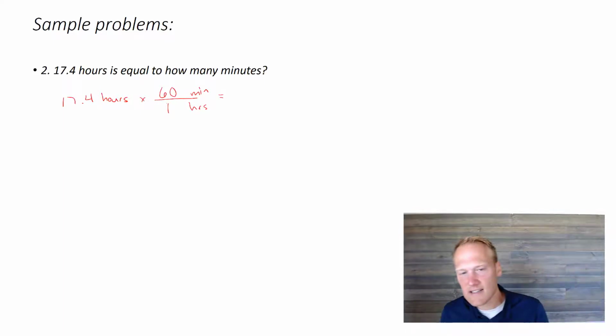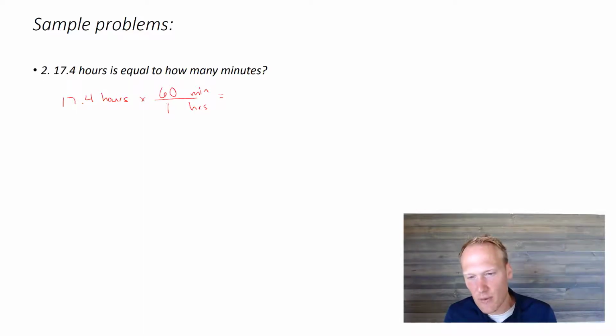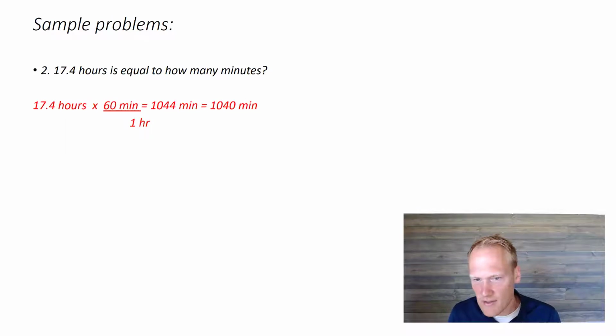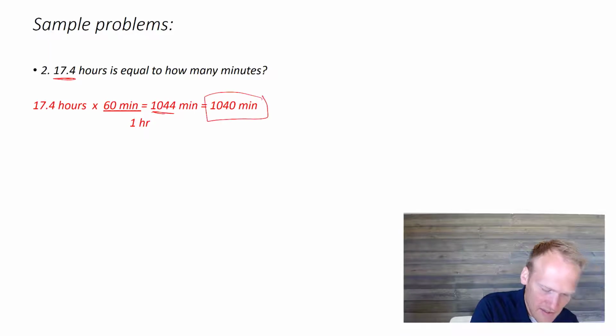So the way you would type that into your calculator is 17.4 times 60 divided by 1. And this is what we would get. Just to be clear, you don't really need to put divided by 1 into the calculator, because anything multiplied or divided by 1 is the same. So this is what we get as our answer, but this has 3 sig figs, so our answer needs 3 sig figs.